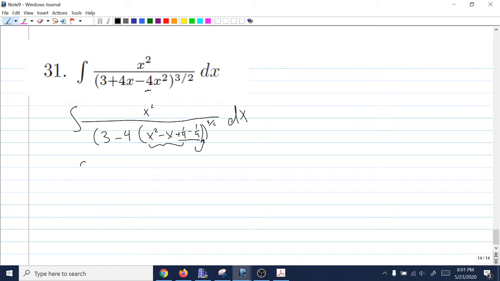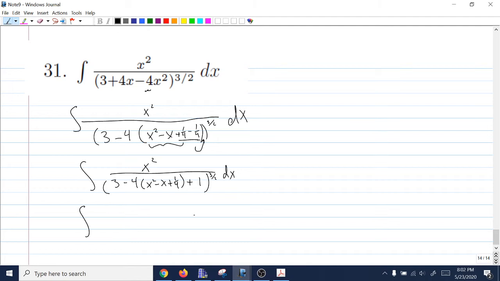This becomes integral of x squared over 3 minus 4 times x squared minus x plus a fourth, minus negative 4 times negative a fourth is plus 1, all to the 3 halves.